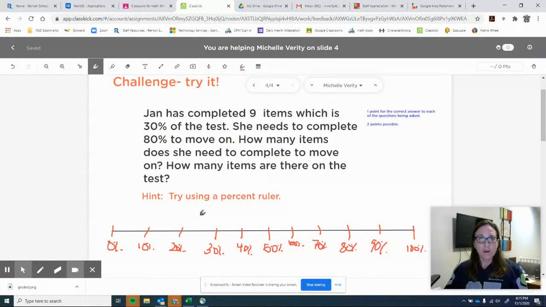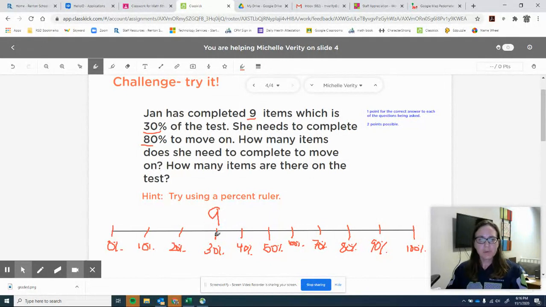Okay, so the bottom part is the percent. And then the top part is whatever we know. We know that 9 items is the same as 30%. So how you can think about this is since we need to go to 80% and to 100% because we need to know how many items are on the whole test, it's going to be easiest if we just find out what 10% is.